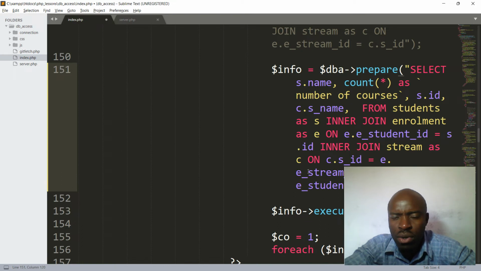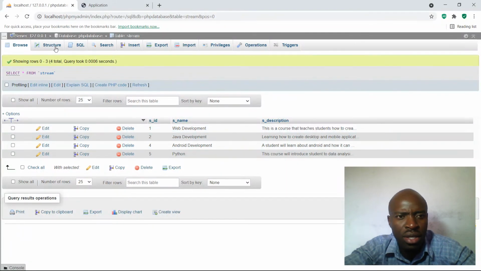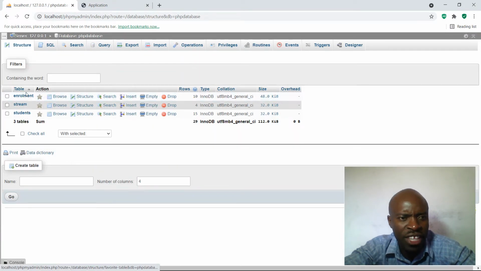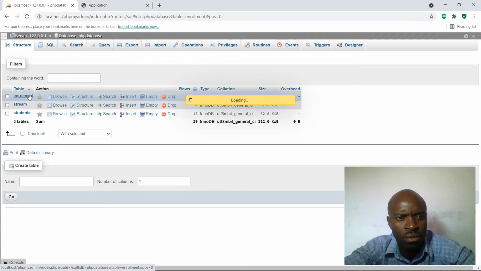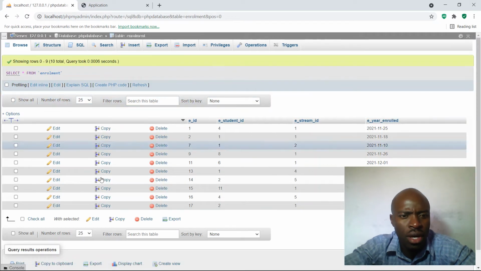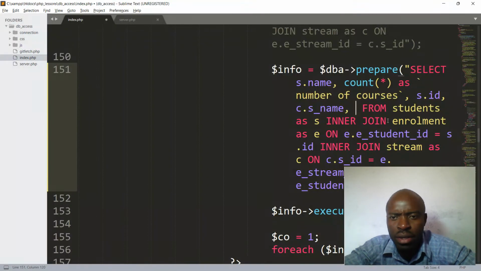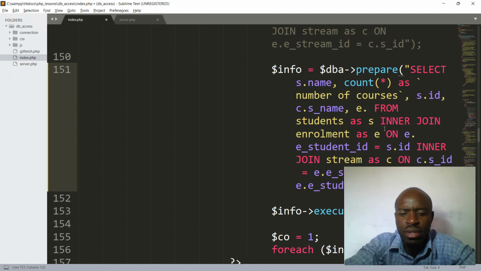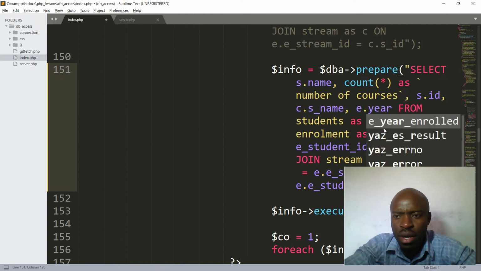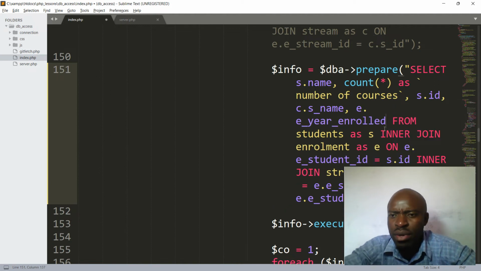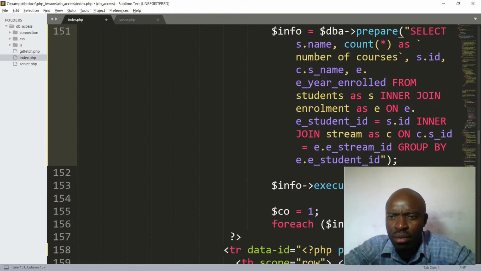But also on the enrollment, we need the year of enrollment, year enrolled. And so year enrolled is under E dot year enrolled. I don't know where they're coming from, but they seem to be available.